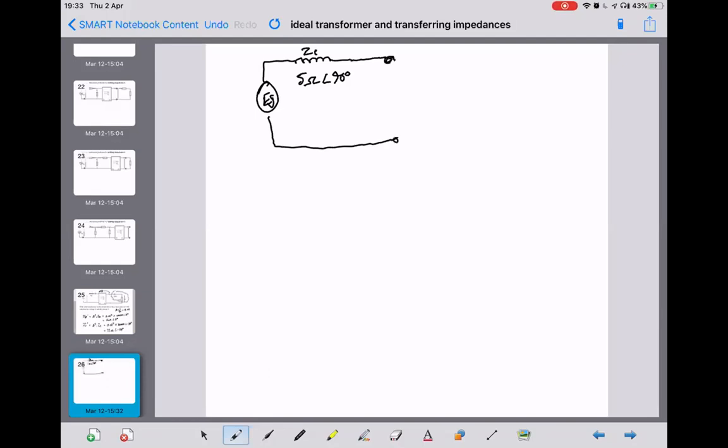And then we've got ZR dash, which is equal to 16 ohms angle 0 degrees.